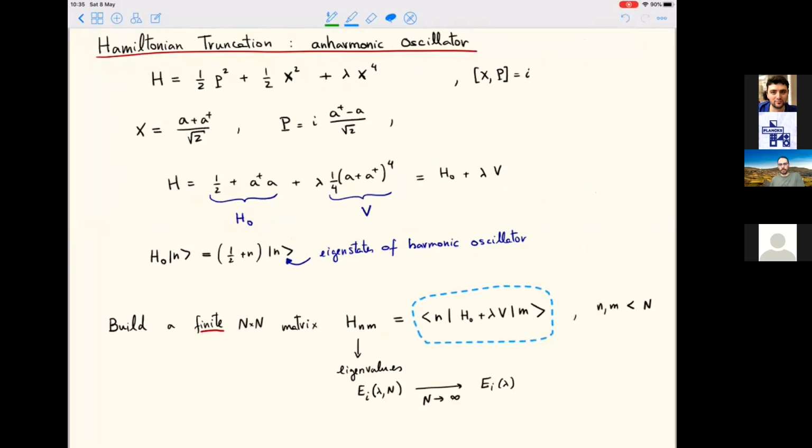A computer can do that very well, diagonalization of finite matrices. Then you get the eigenvalues of this finite matrix, and you compute for different sizes of this matrix, and you see that they converge to the exact value as n goes to infinity. Any question about the idea?